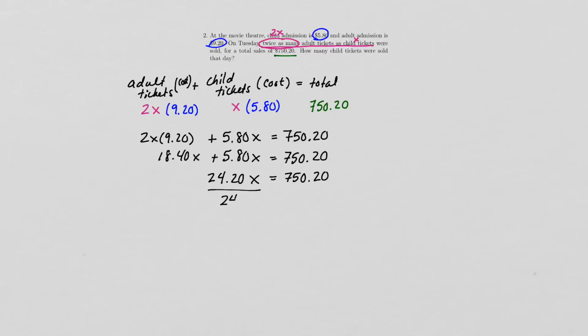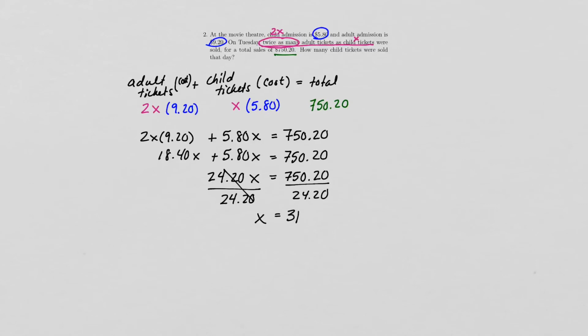If I divide both sides by 2420, then x ends up being equal to 750.20 divided by 2420, which is 31. Notice that x was the number of child tickets, and it asked how many child tickets were sold. So in this one, we didn't get that system of equations.